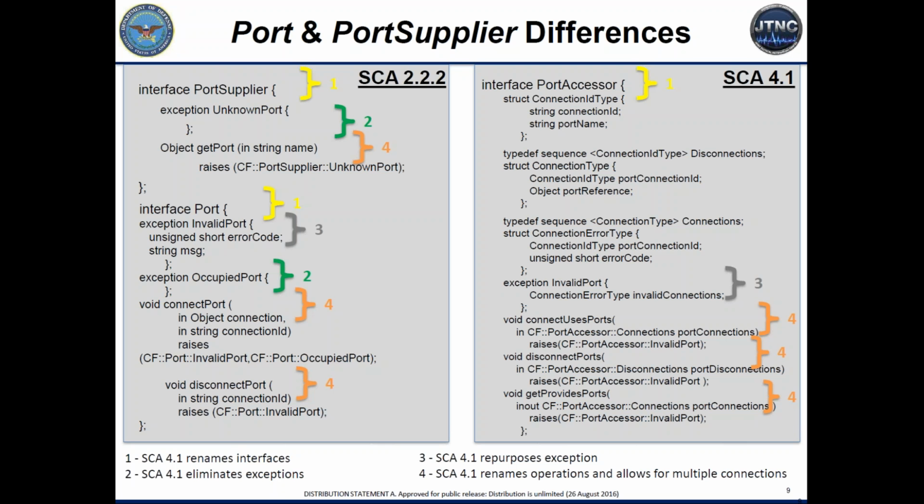At a high level, the change would be that instead of being an IDL defined interface, something provided and exposed at the core framework level, the port interface, or concept of the port interface, could be preserved locally within the 4.1 implementation. So behind the port accessor interface, you can still find a way to use and manage the ports that you defined as part of your 222 implementation.